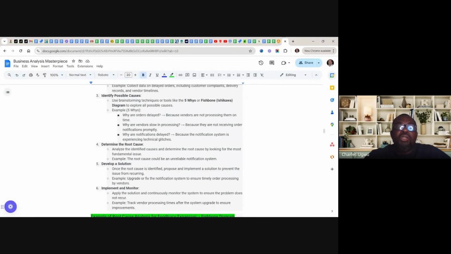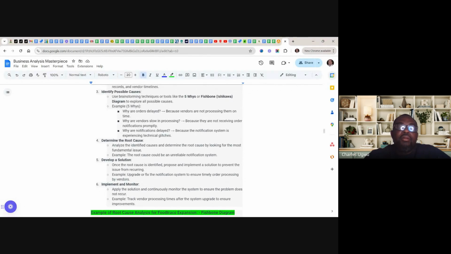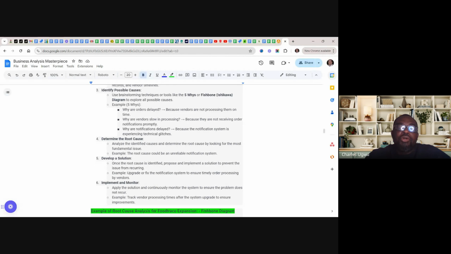Once you have identified the root cause of the problem, then you develop a solution. Propose and implement a solution to prevent the issue from reoccurring. Example, upgrade or fix the notification system to ensure timely order processing by vendors.